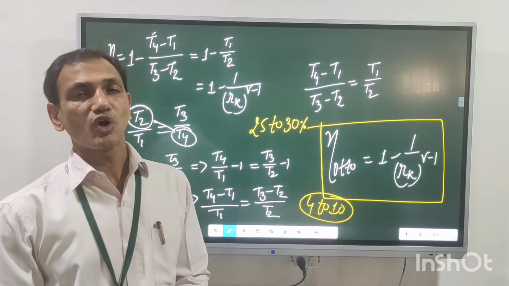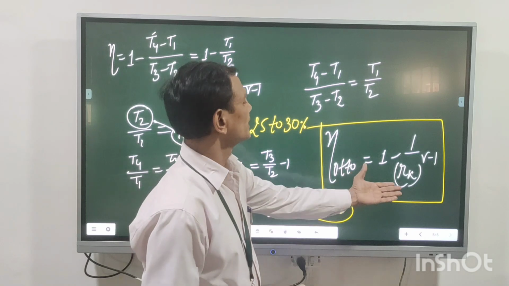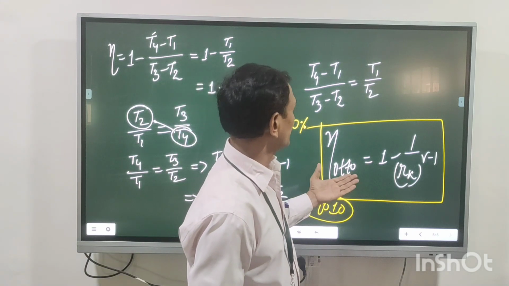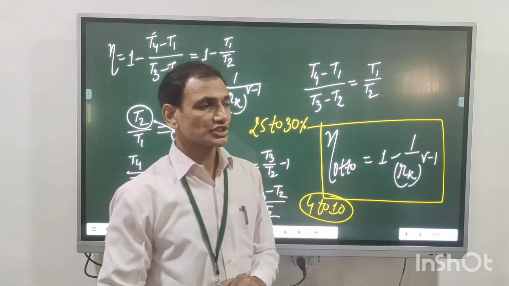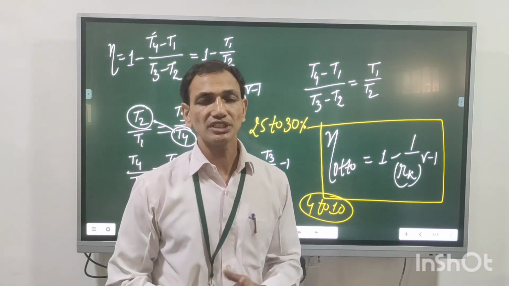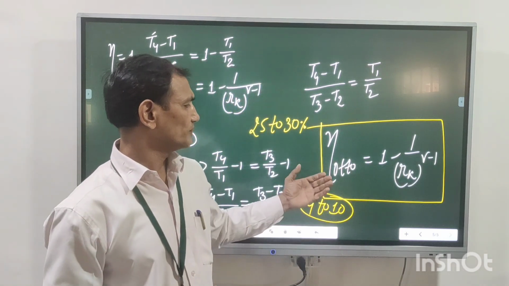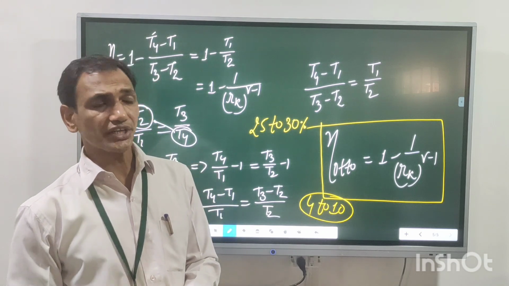If the compression ratio is increased, we can say that the efficiency of the Otto cycle is directly related to the compression ratio: as the compression ratio increases, the efficiency of the Otto cycle increases.